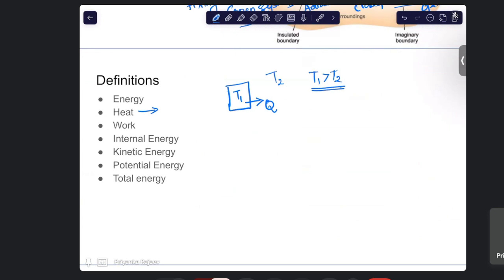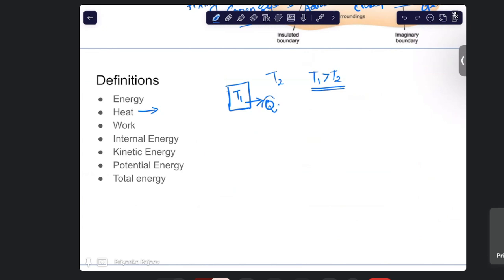Now for heat, we have to talk about the unit of energy. Heat will have the same unit as energy.